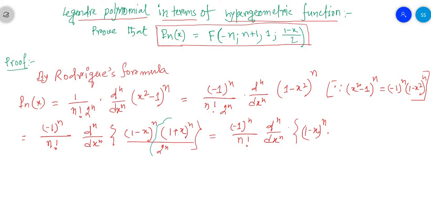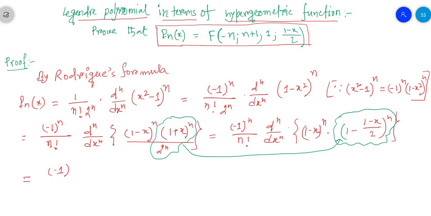This term can be written as ((1 minus x)/2)^n, (-1)^n over n factorial, d^n/dx^n of (1 minus x)^n into this term, which can be expanded with the help of the binomial theorem.